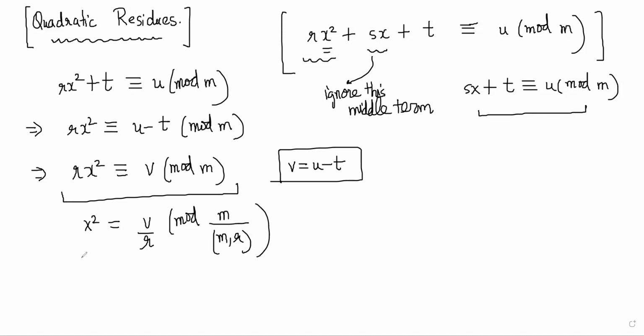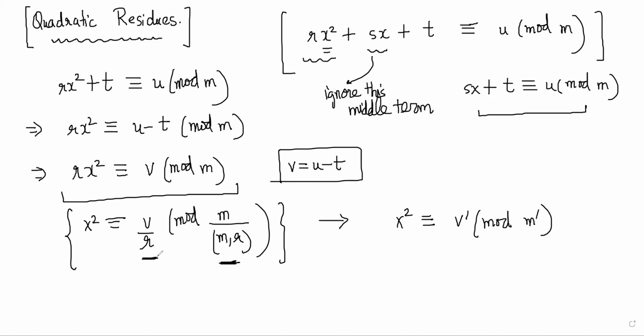Now, in certain problems, this can start looking like something of this form. X square is congruent to v by r, which could be an integer. It can be called v dash. And this could be mod m dash. This could be some integer, and this could also be an integer.